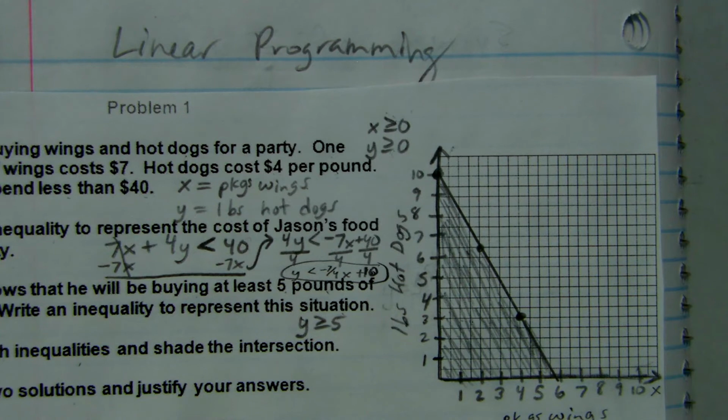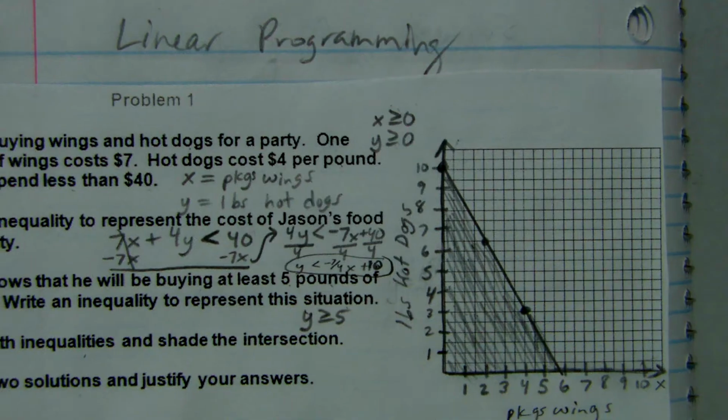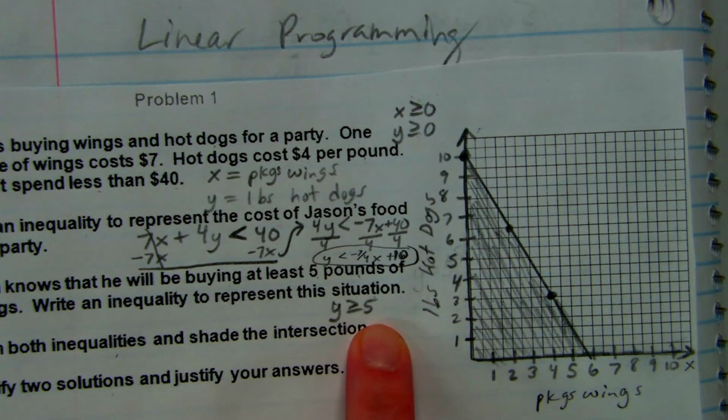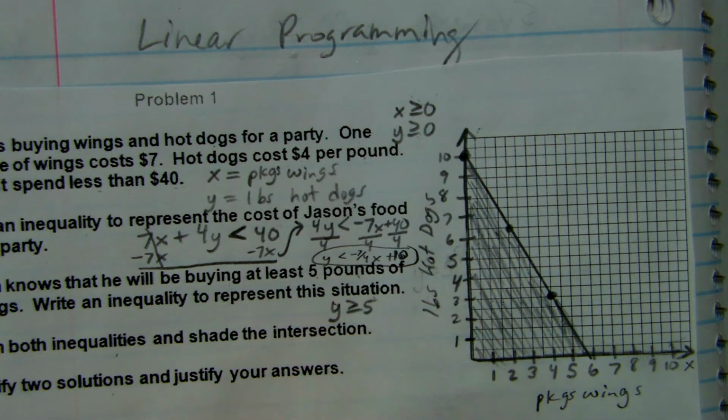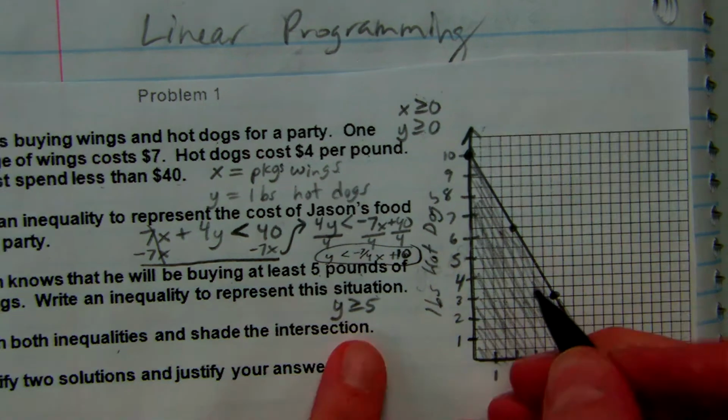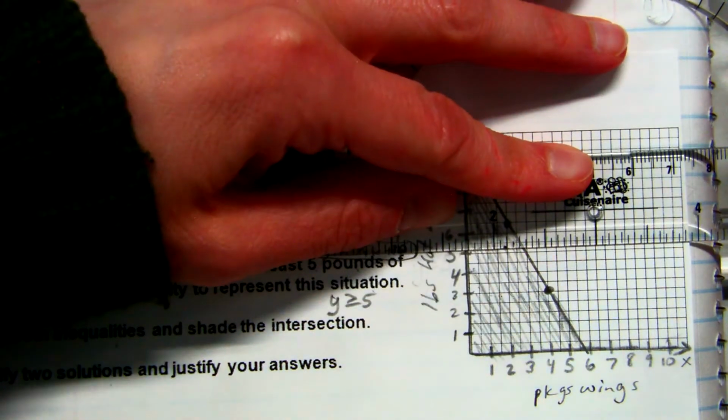All right, and then our only other constraint, they call these constraints because this is what's limiting where our solutions are, is y is greater than or equal to 5. So if we think about Hoy Vux and the things that I've taught you with horizontal, vertical, this has to be a horizontal line. So at 5, I'm going to put a solid horizontal line.